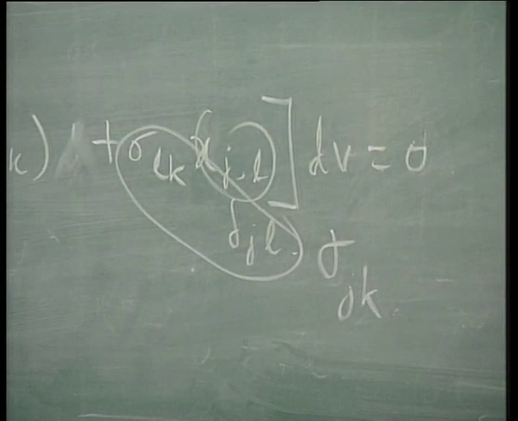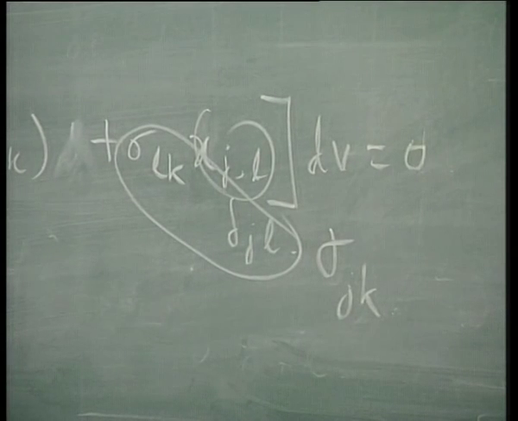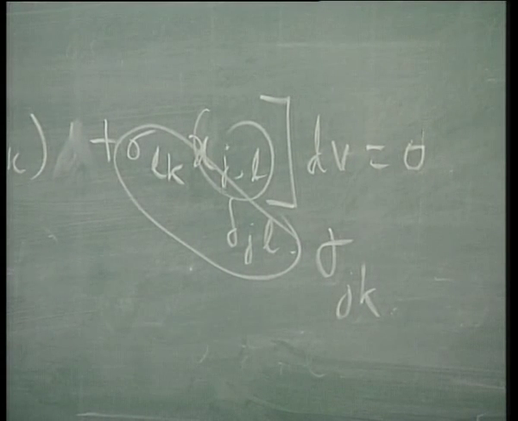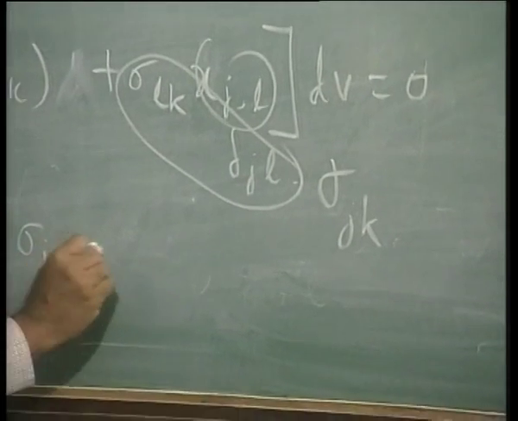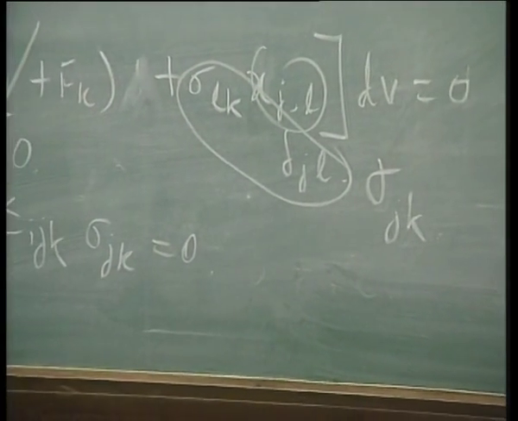Extending my previous argument, which I am not going to repeat, epsilon ijk sigma jk is equal to 0.